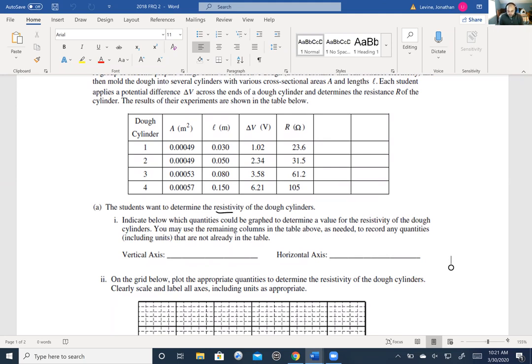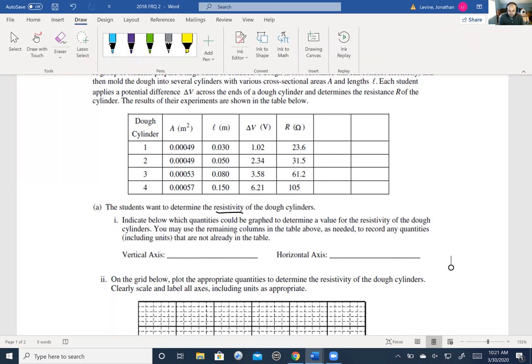When I say I want to determine the resistivity, what's the first thing that we should think about here? We should probably jump to thinking about our equation for resistivity. Now, by the fact that you see A and L, that should already be a hint here. So resistivity, careful, resistance is measured in ohms. This is something that we got to in circuits.